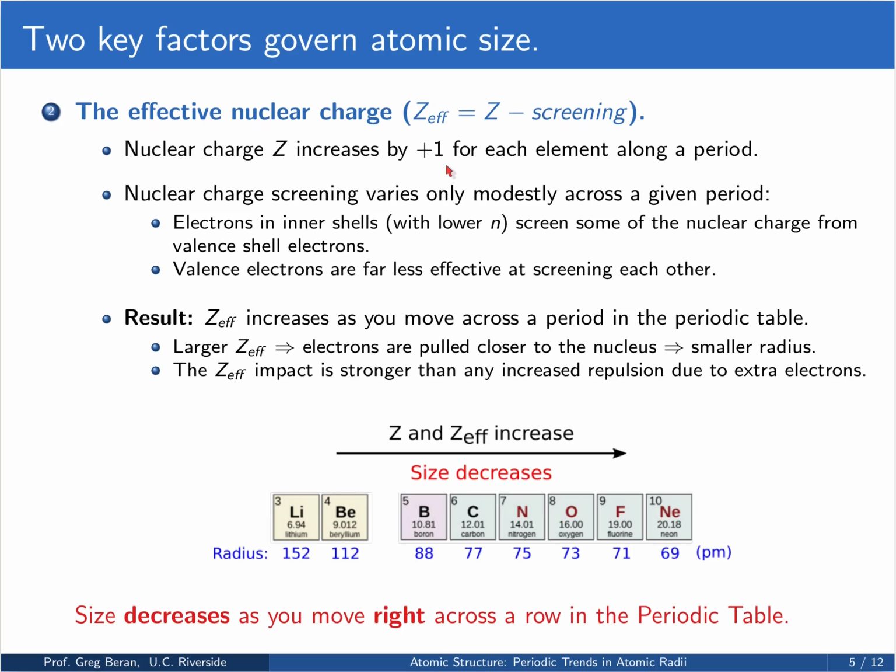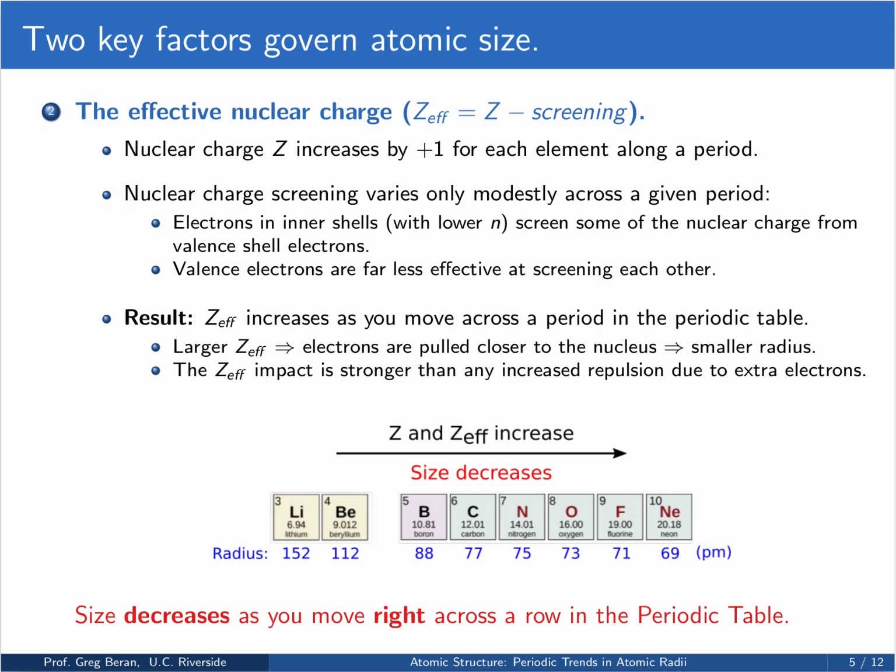In contrast, the changes in Z effective across a period tend to be much smaller. The biggest screening impact comes from the inner electrons, not from other valence ones. And the number of inner electrons will be constant across the period. So the result of this is that Z effective increases as you move across the period. Z is getting larger, but the amount of screening isn't changing much.